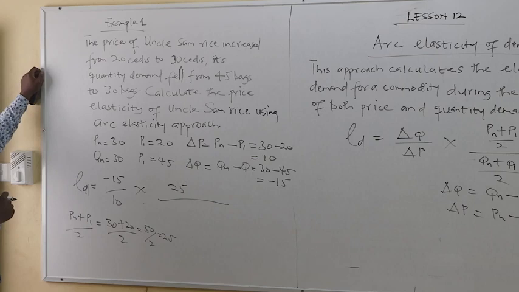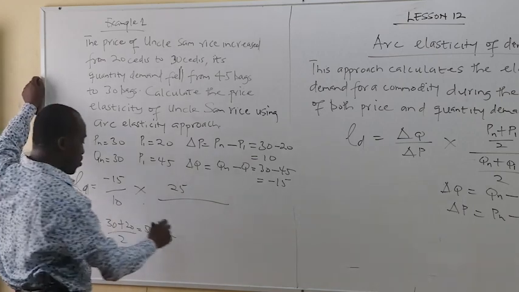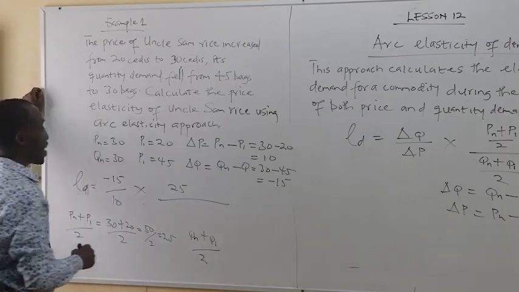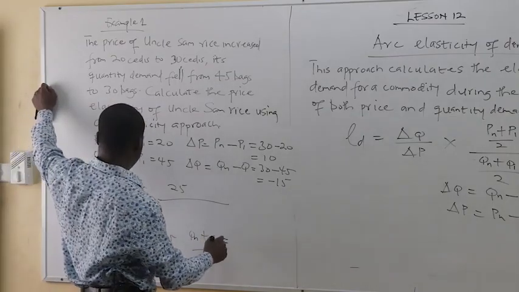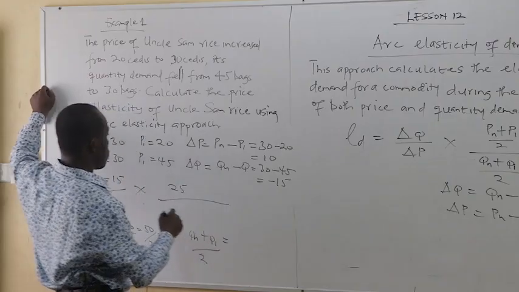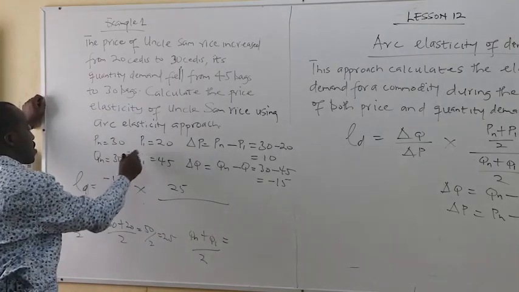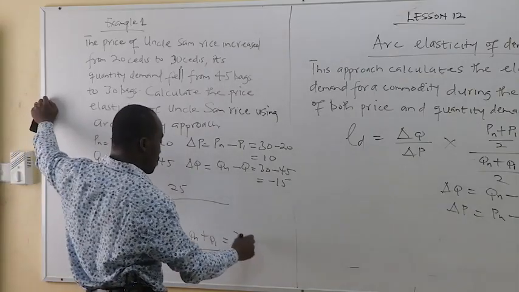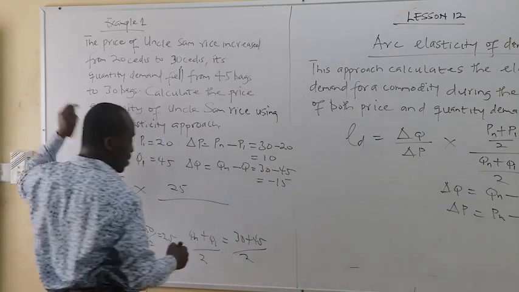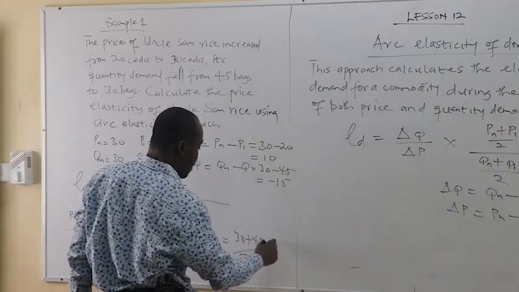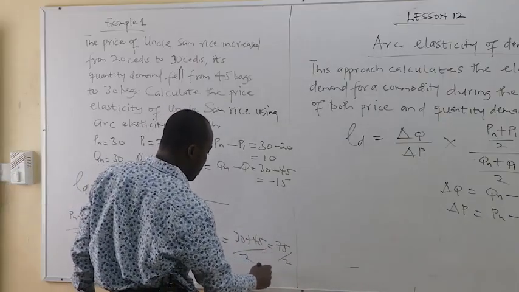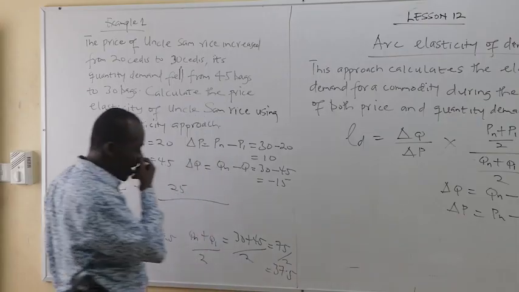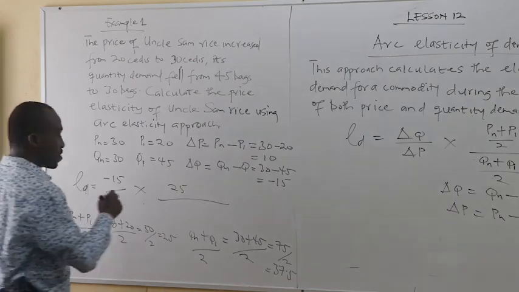What about that for demand? Q2 plus Q1 divided by 2, what do you get? That's 30 plus 45 divided by 2. That's 75 divided by 2. I know you're going to get something like 37.5, right?